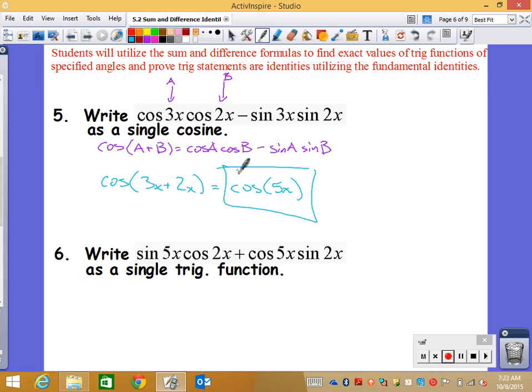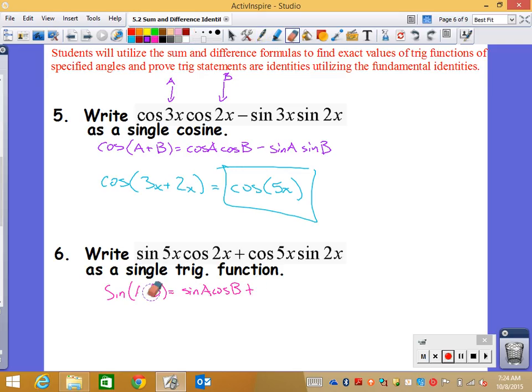Let's do the same thing again. Sine 5x cosine 2x plus cosine 5x sine 2x. Again, I have a sine cosine plus cosine sine. Hopefully that should look kind of familiar to my sine addition. Let's write that out. Sine of A plus B is equal to sine A cosine B minus, plus, I apologize, I've written these backwards.